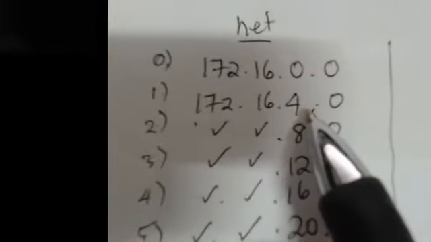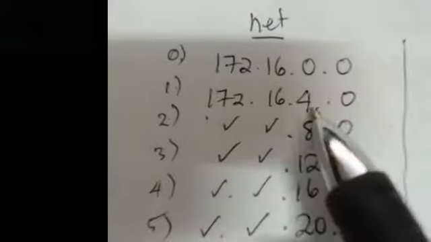So that's the next network now. To find the broadcast for the next network, we add 4 to 3, and we add 0 to 255. We keep doing that until we find the broadcast addresses for the rest of the subnets.